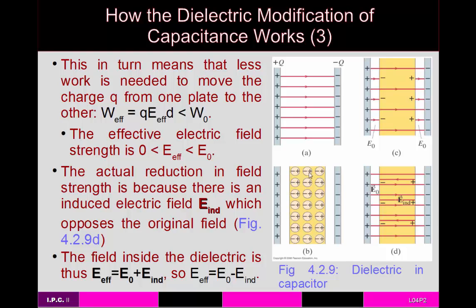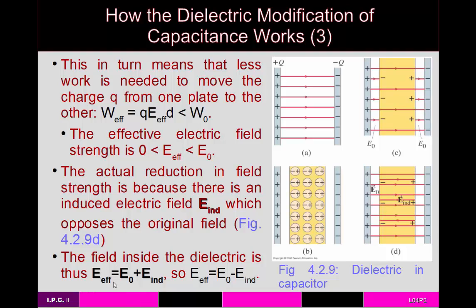Then outside it'd be here to here, inside here to here, outside here to here. Well, these ones tend to be stronger because the charges are more close together. So you've effectively have a stronger field pointing this way than you do this way from the molecules themselves. That's where this induced field is coming from.